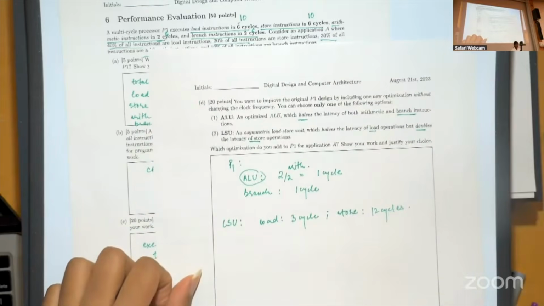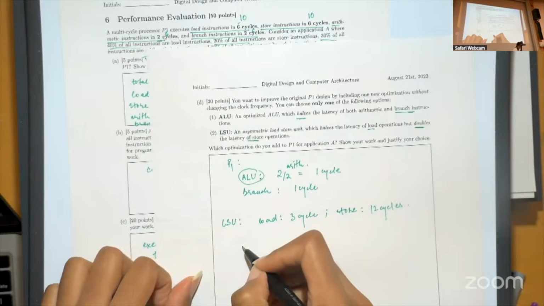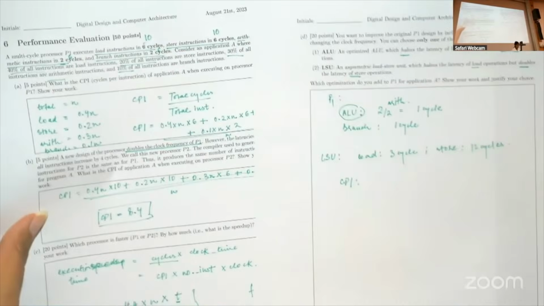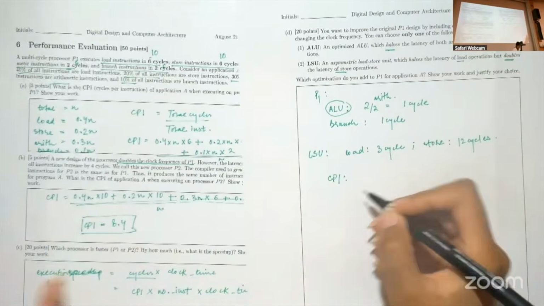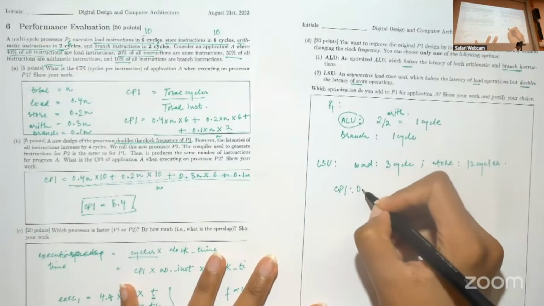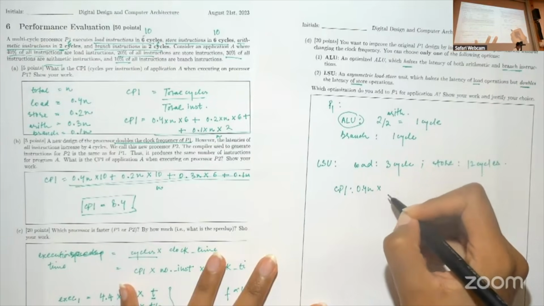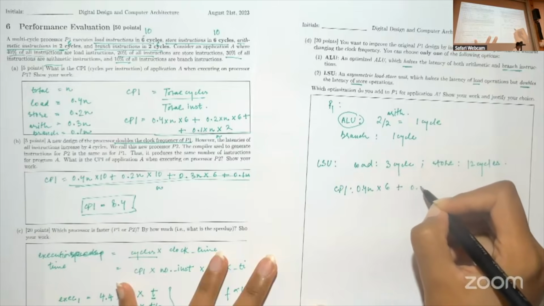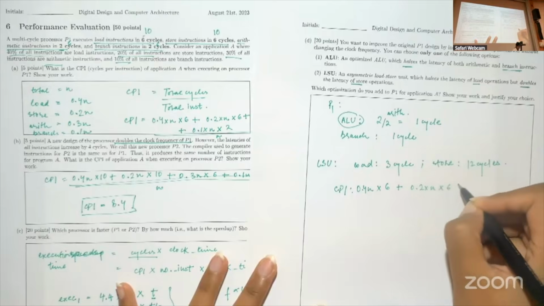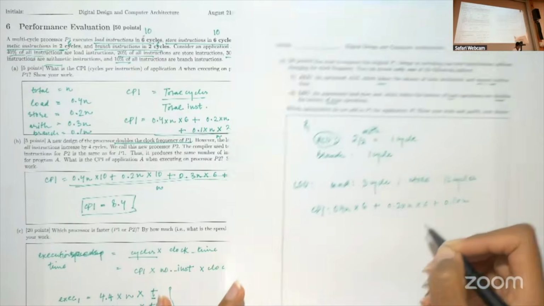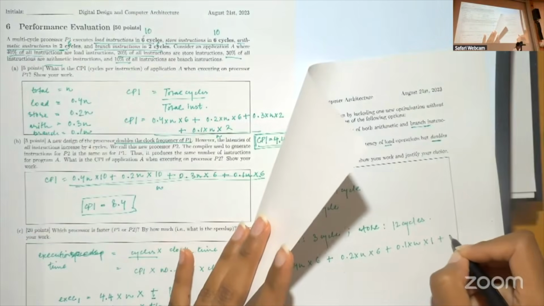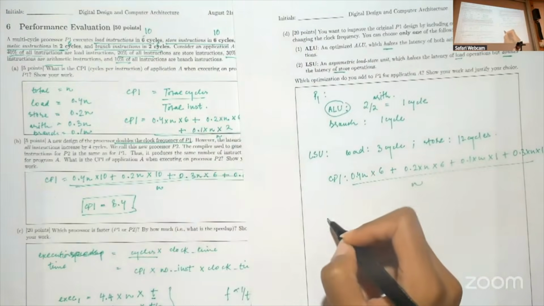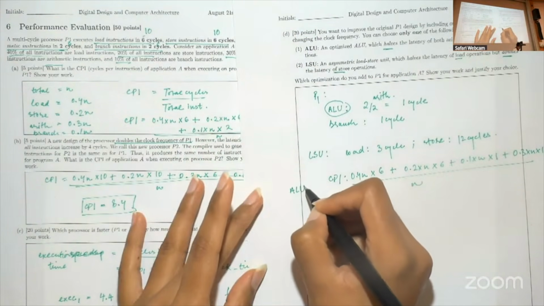So now you again have to calculate the CPI, using the same thing as we used here. So 0.4n into 6 plus 0.2n into 6 plus 0.1n into 1 plus 0.3n into 1, divided by n. And this is when you do the ALU optimization.